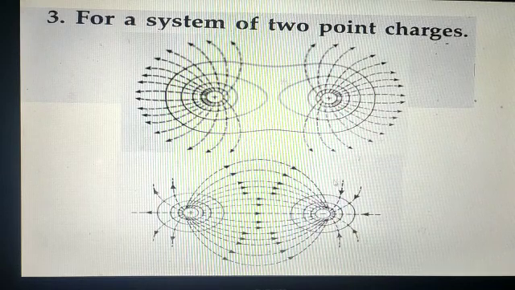Now second option, we take one to be the positive, another to be the negative charge, equal and opposite polarity. Now electric lines of force, we have drawn it. These are the electric lines of force. Now you see the equipotential surface. The equipotential surface here will not be in oval shape.